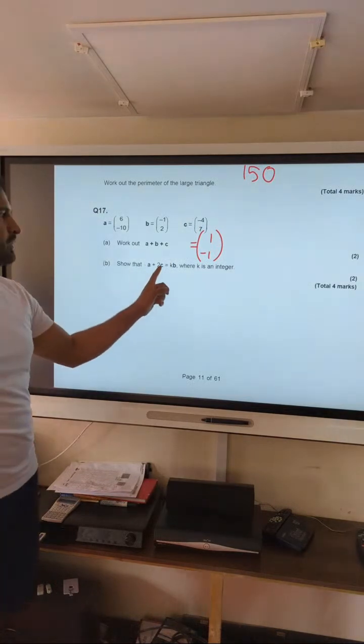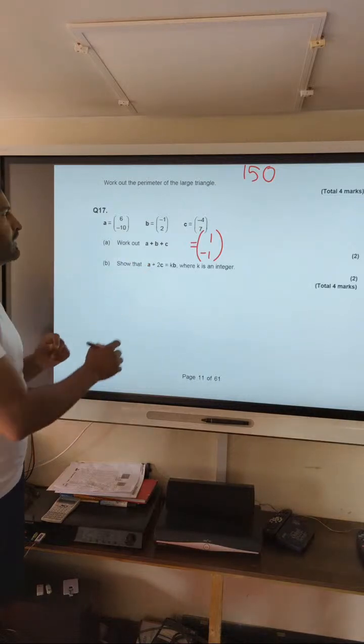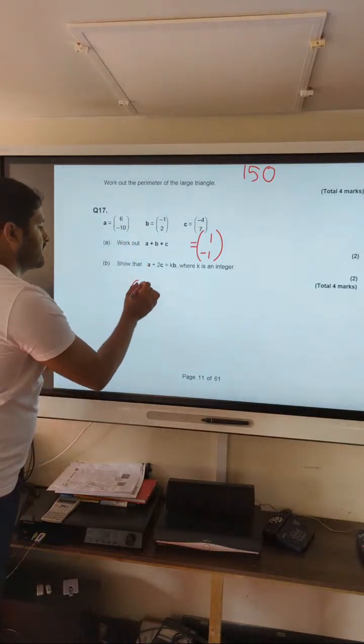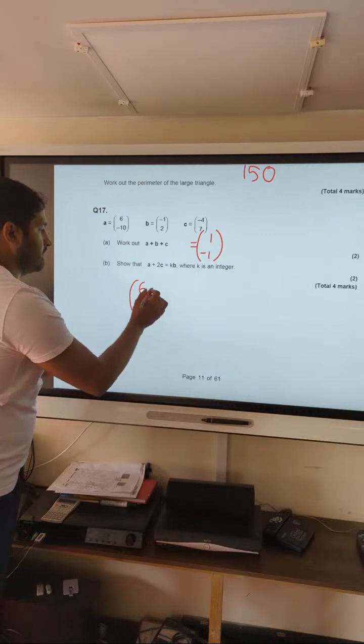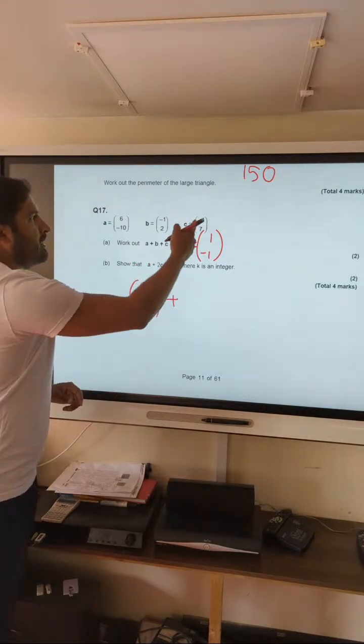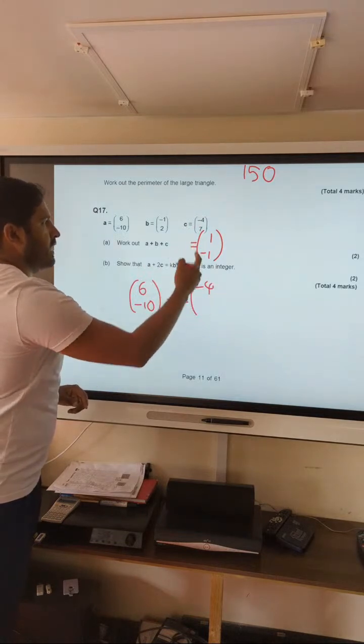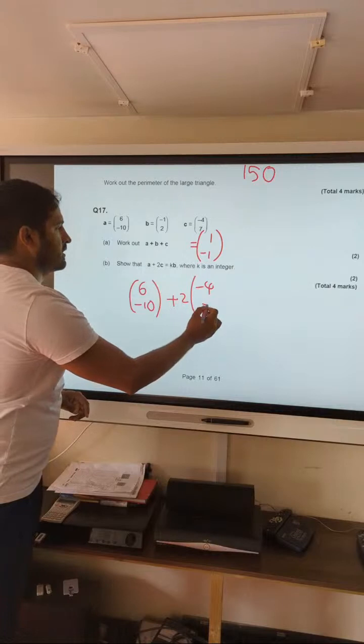Show that A plus 2C is kB, where k is an integer. Okay, obviously that's going to be the case anyway, but we need to be looking at that. You can factorize some number out when you do A add 2C. So A is 6 and -10. And I'm adding 2C, so I'm adding 2 times -4 and 7.